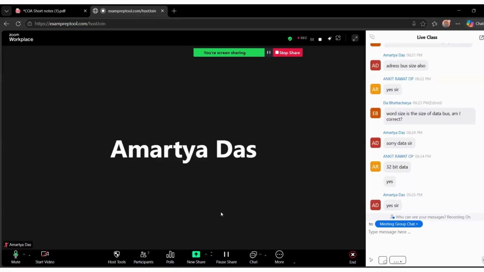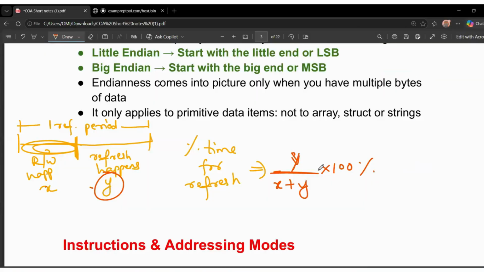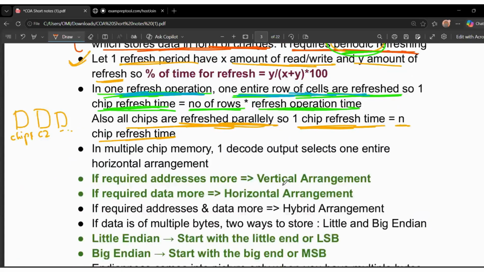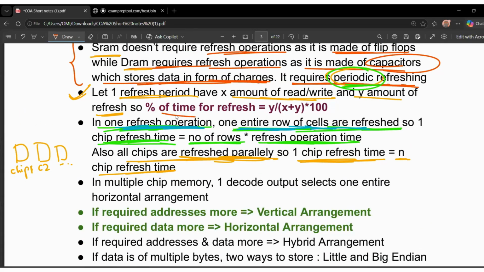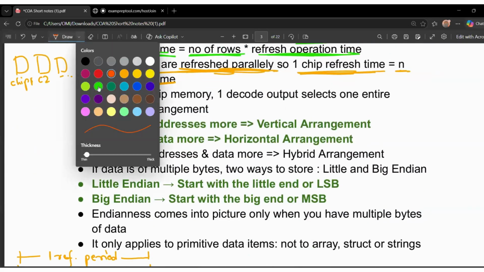This is simple. So percentage of time for refresh will be Y divided by X plus Y into 100. Yes or no?